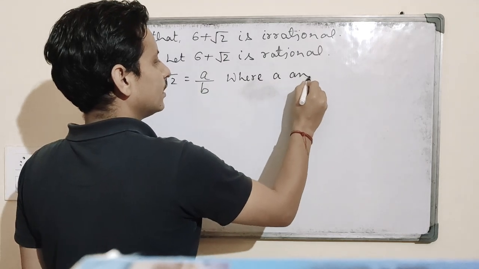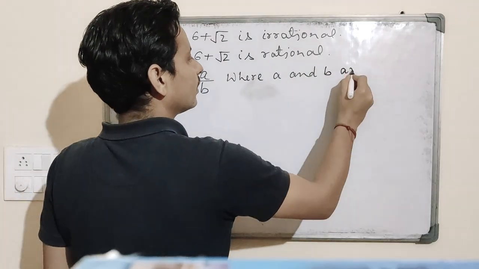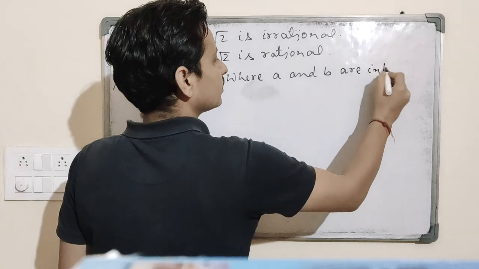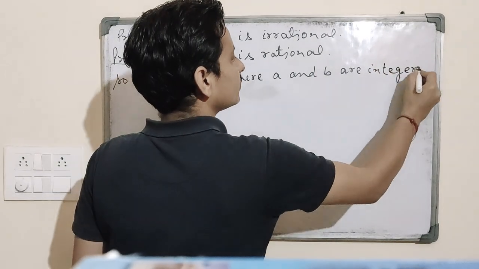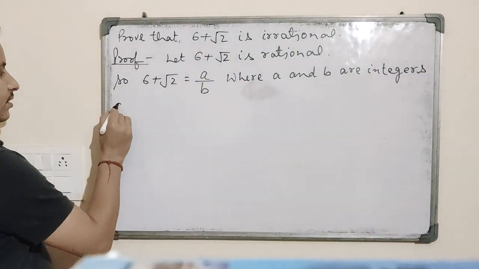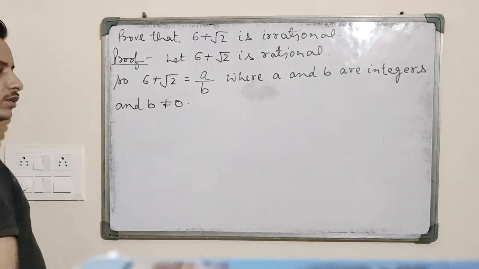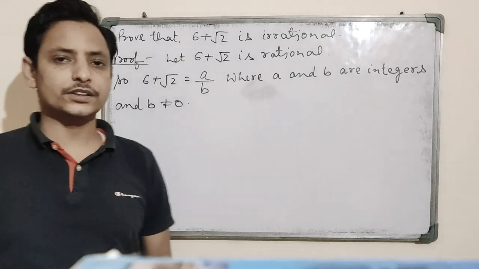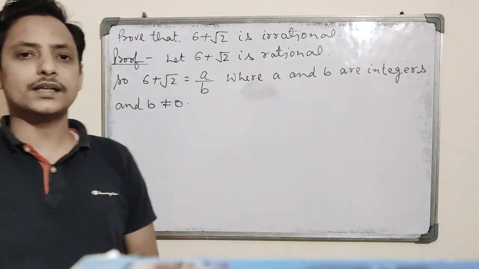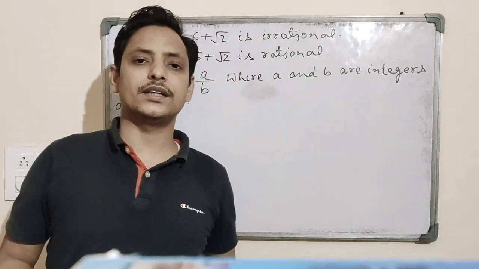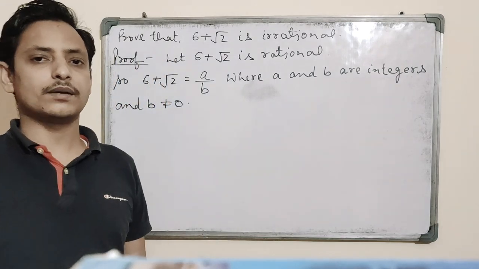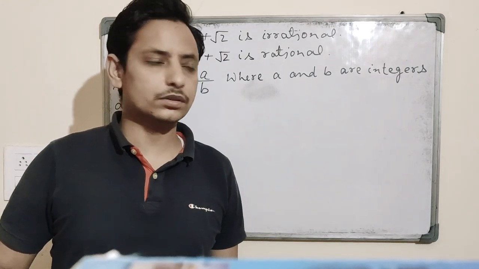Where A and B are integers and B is not equal to 0. This is the definition of a rational number. If a number is rational, then it can be written in the form of A upon B, where A and B are integers and B is not equal to 0.